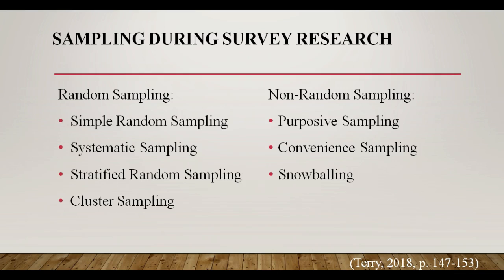The researcher will determine which type of sampling to use based on how much sampling error is acceptable. Sampling error occurs when the sample is not completely representative of the population of origin.